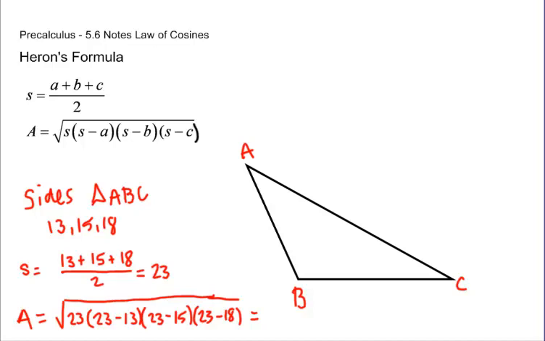So it depends on where you're working, depends on what you might see. But if we do 23 times 23 minus 13 times 23 minus 15 times 23 minus 18, you're going to get 9,200.